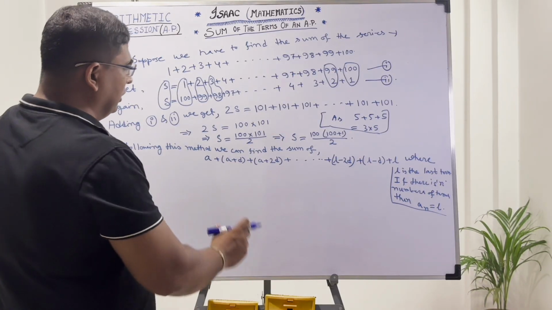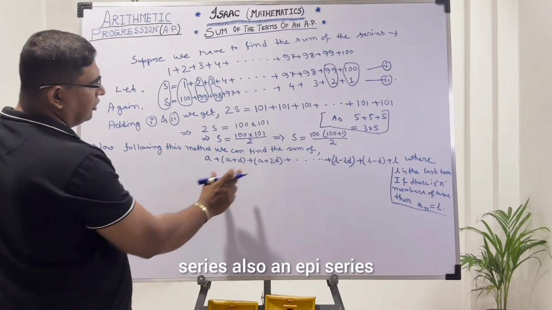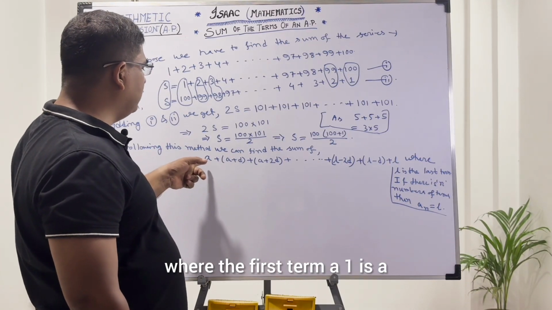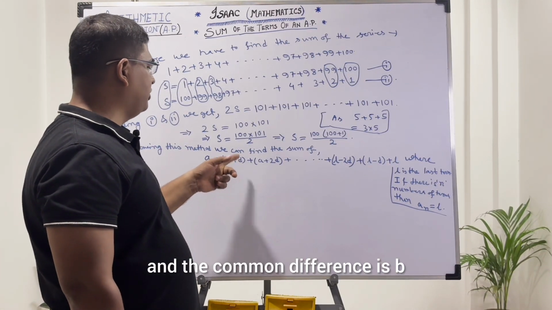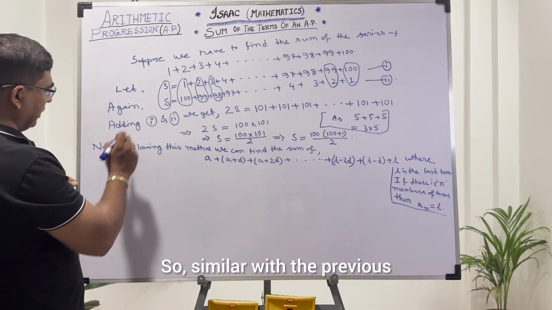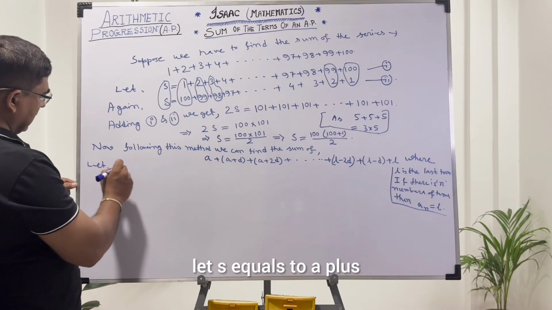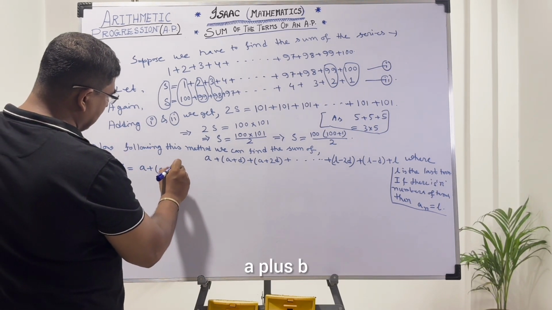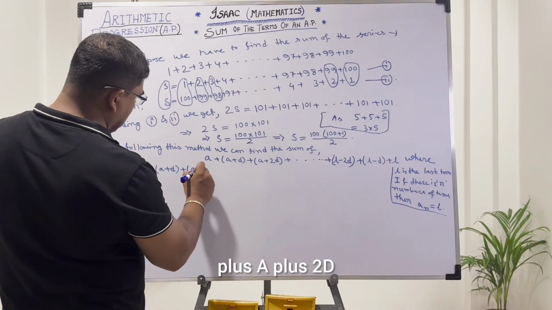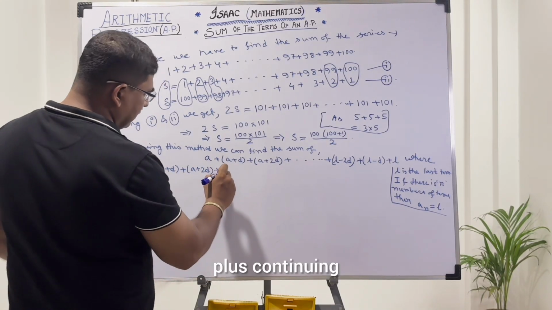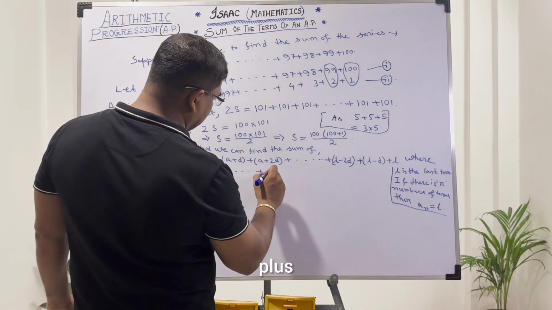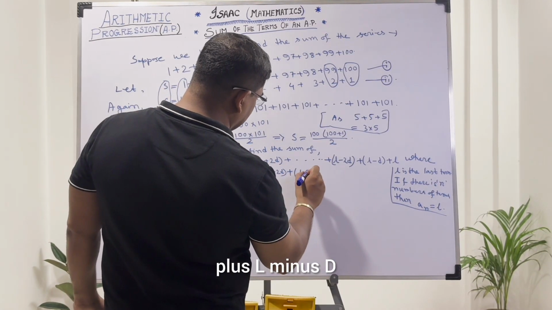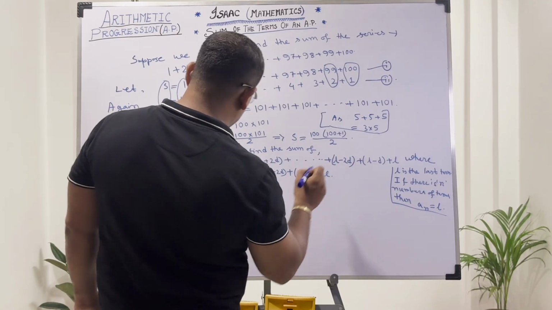Okay, so this series is also an AP series, where the first term a1 is a and the common difference is d. Okay, so similar to the previous, let S equals to a plus d plus a plus 2d plus continuing plus l minus 2d plus l minus d plus l.